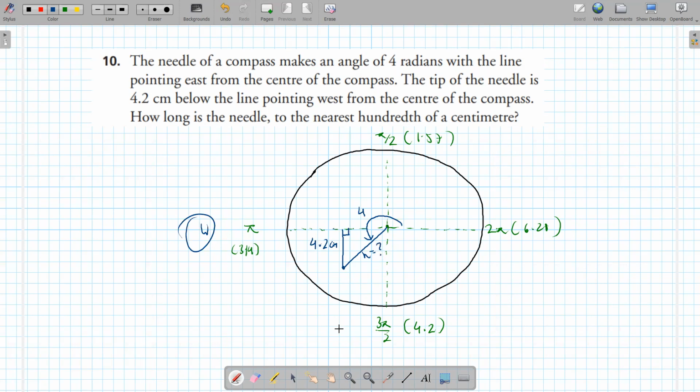Okay, so what's our approach here? It's going to be one of the 3: sine, cosine, tan. Here's a hint. You need to first find alpha. If this big thing is 4, what is this angle here?